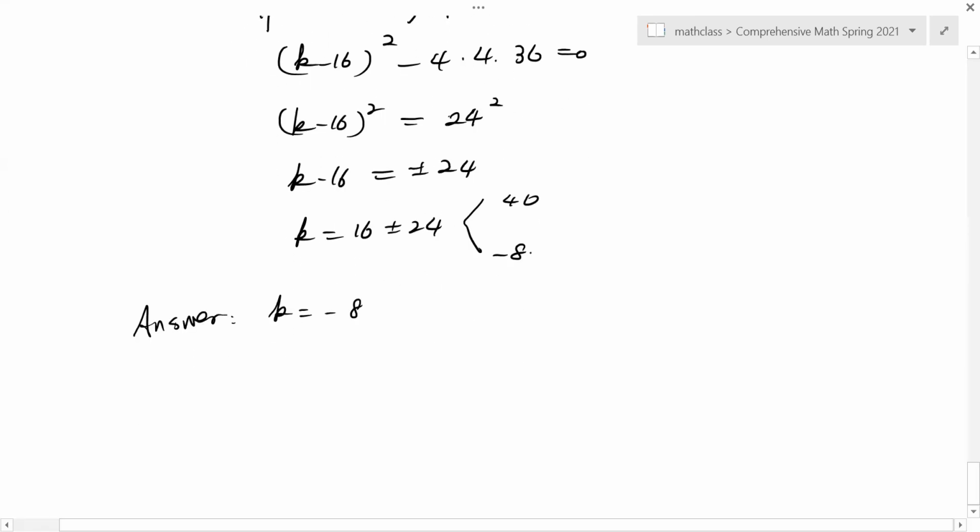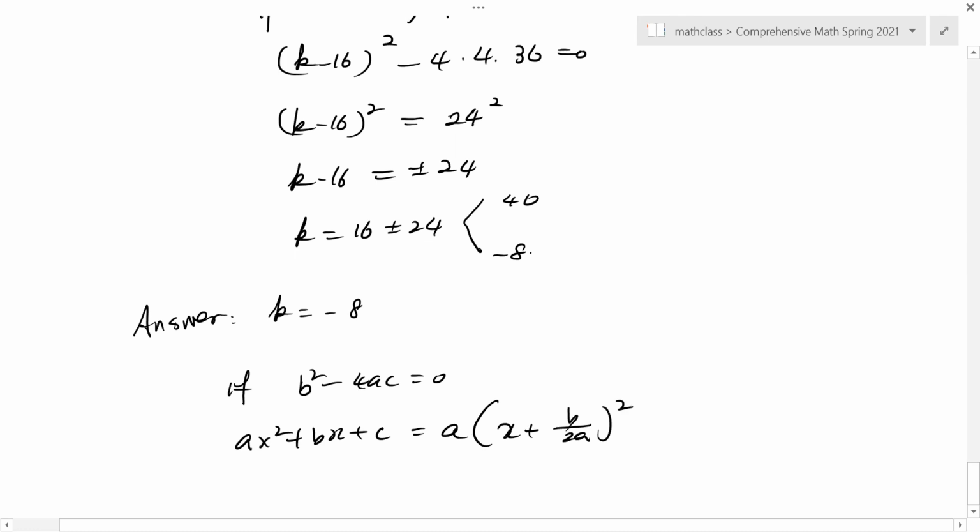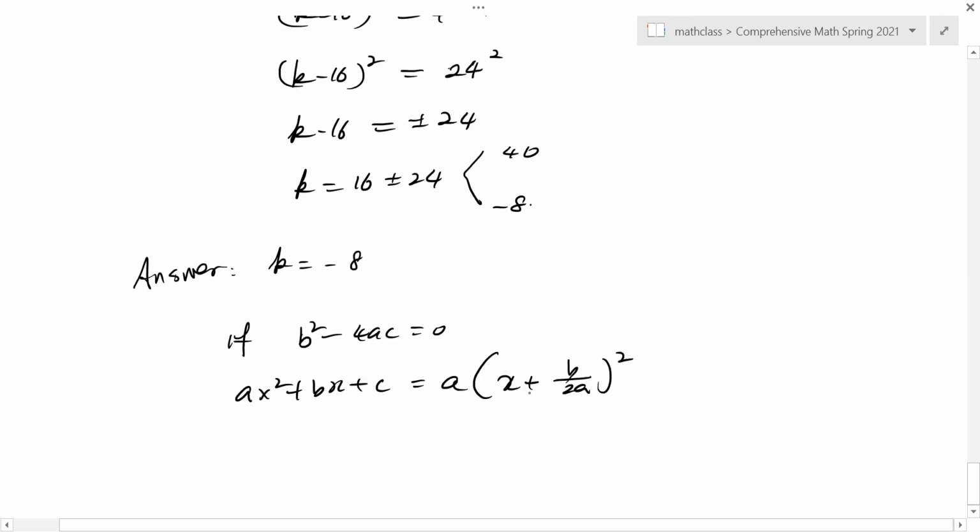Okay, so if b squared minus 4ac equals 0, ax squared plus bx plus c has a unique root. So it is x plus b over 2a, squared, okay, in this particular case. Then a is positive here, okay? Otherwise, it cannot be a perfect square. So a is positive, you move a inside, then you get a square.